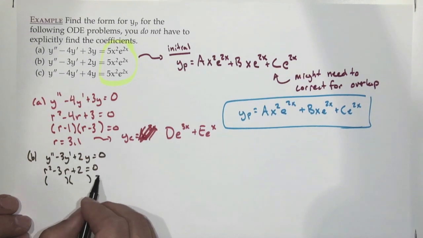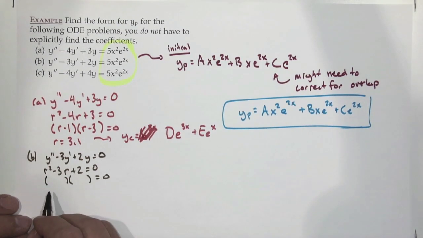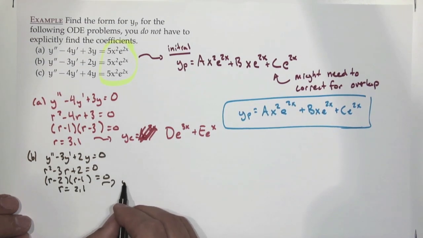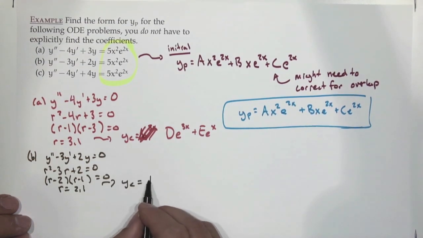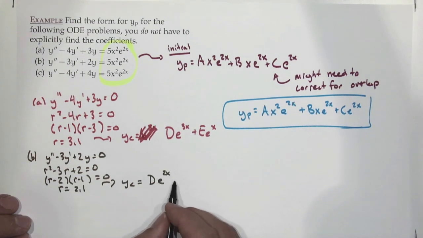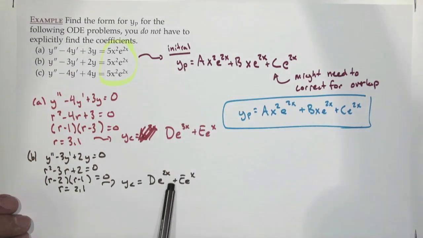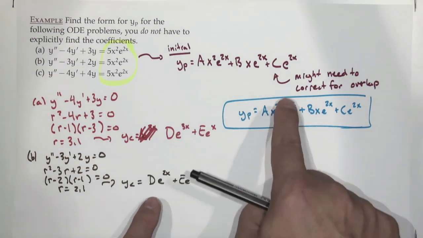He says as he writes it down like it'll factor. r minus 2 times r minus 1. So the roots are 2 and 1. So our complementary solution looks like something e to the 2x, something e to the x. Is there overlap? Yes. By how much? Yeah, there's just one piece of overlap here.